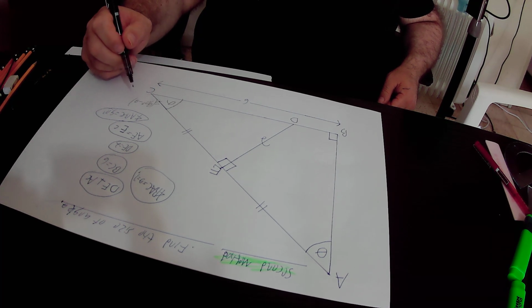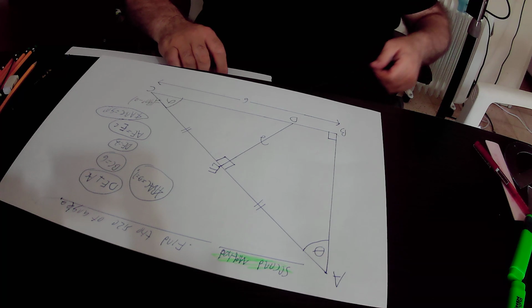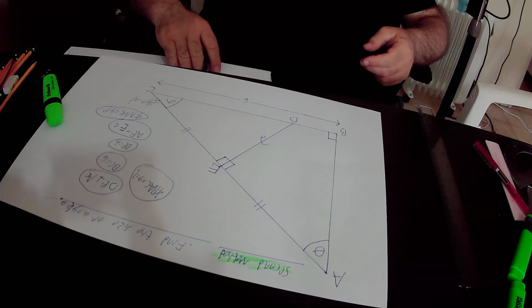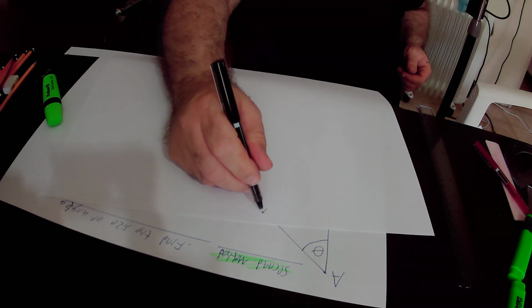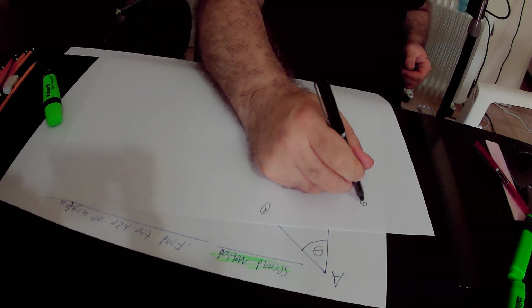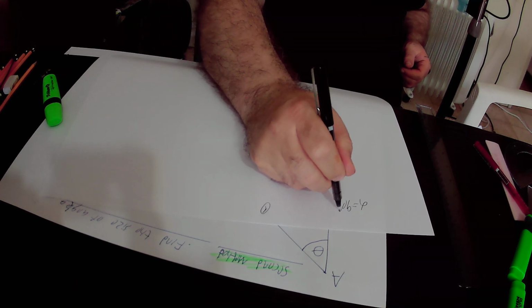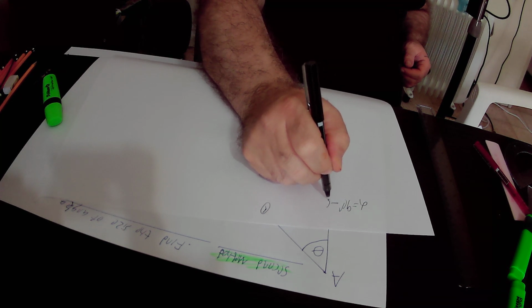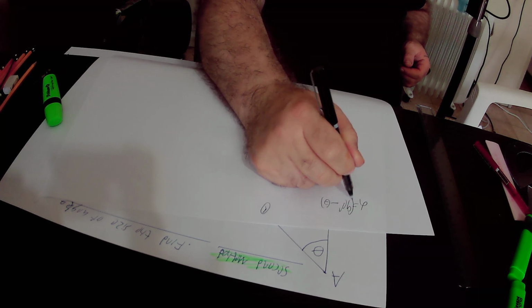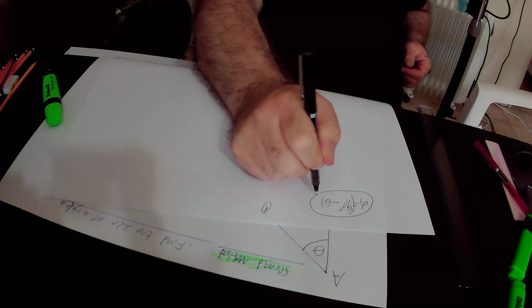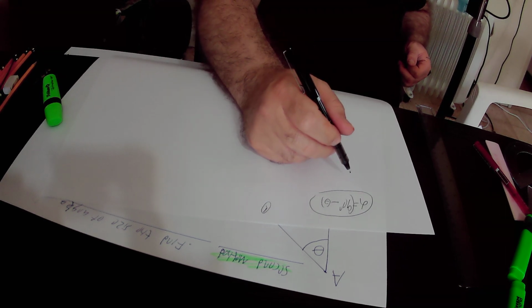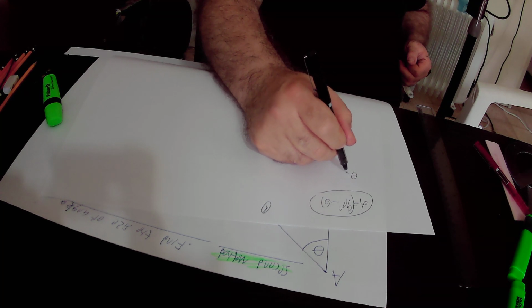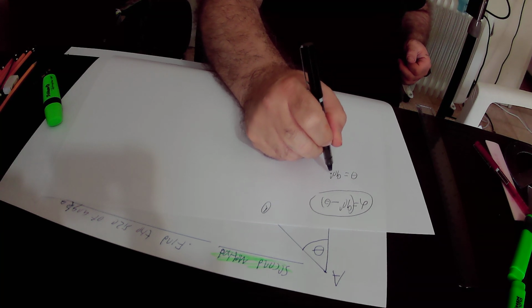That is to say, we know that alpha equals 90 degrees minus theta. We will add theta to this equation and subtract alpha, and we will get that theta equals 90 degrees minus alpha.